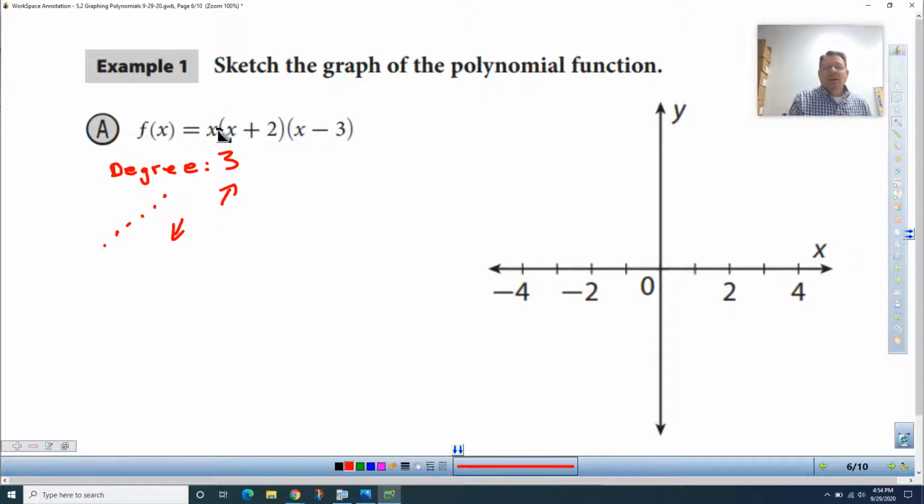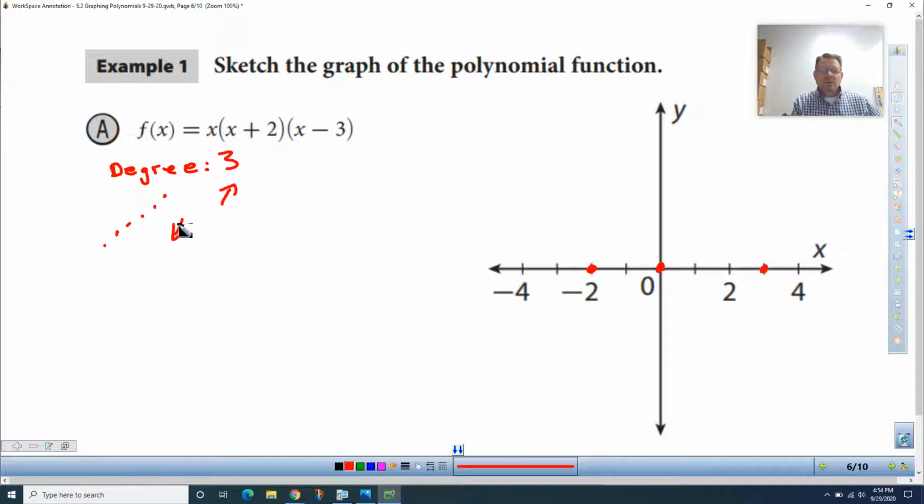Next thing is what are our zeros. You could put this first or second, it doesn't matter. But these are the 2 things we've got to do before we go any further: get our end behaviors and our x-intercepts. So we've got 0, -2, and +3, because those are what would make those 0, the x-intercepts.